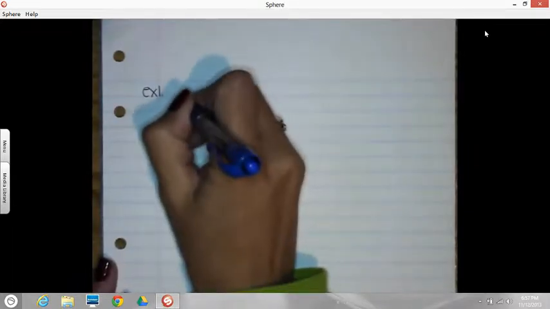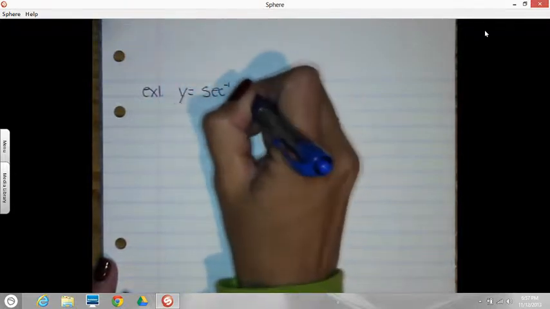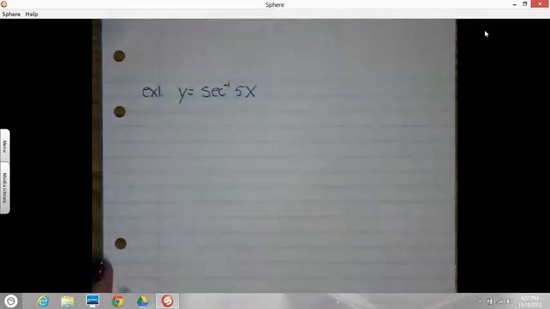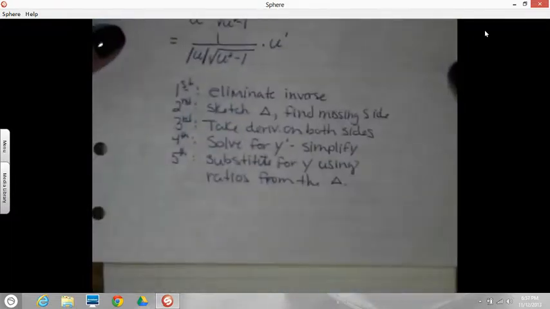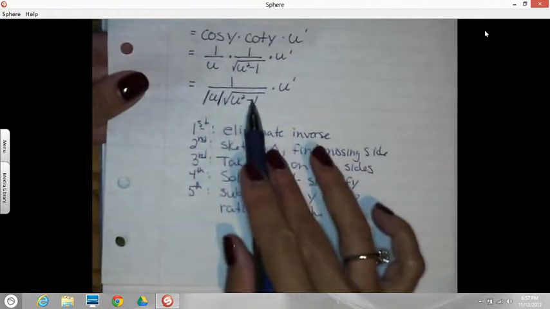If I had y equals inverse secant of 5x, and I want to do the derivative. Well, the rule we just came up with is 1 over absolute value of u times the square root of u squared minus 1. And the u is this right here. This is the u.